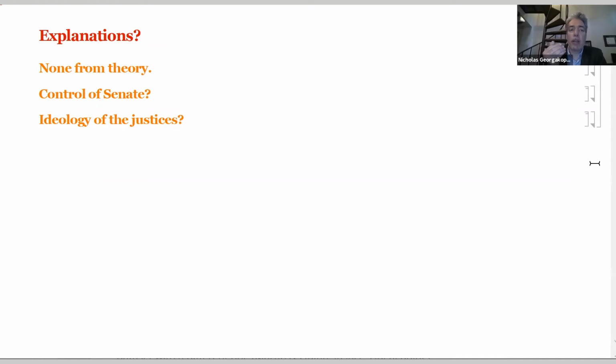Essentially, when Democratic presidents have been appointing justices since 1946, never has the Senate been Republican. But when Republican presidents have been appointing justices, about half the time the Senate has been Democratic.